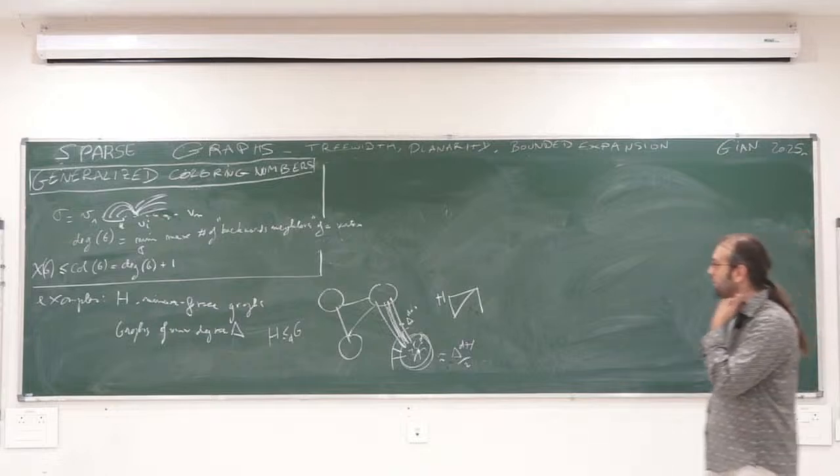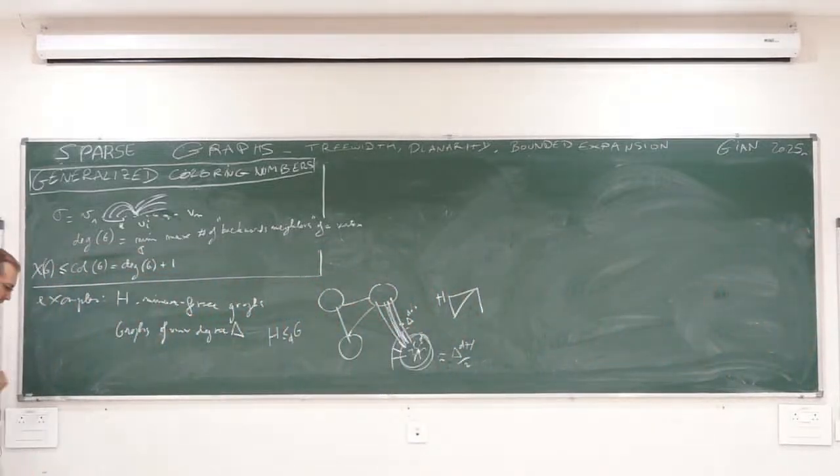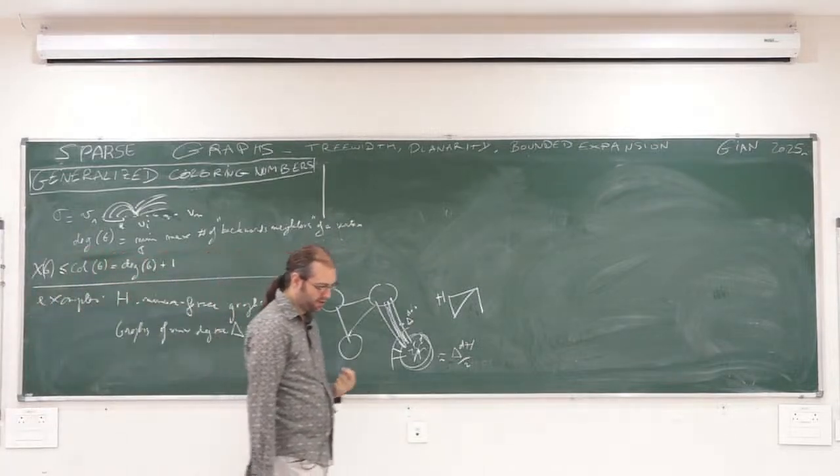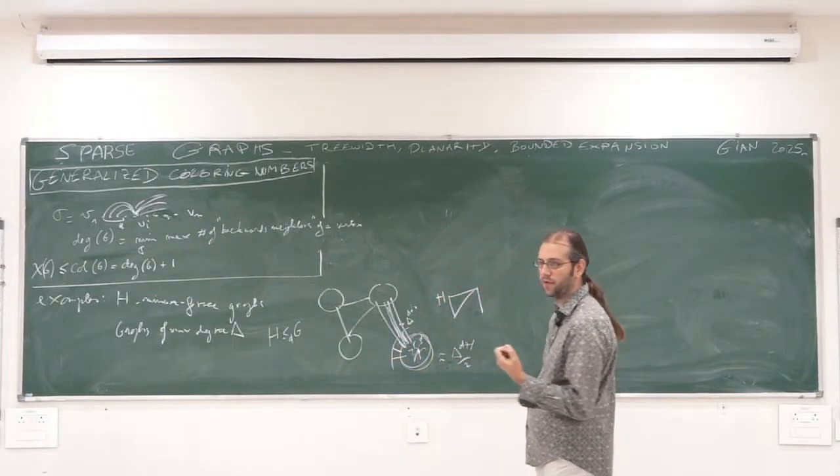By the way, we have also seen in the exercises one exercise which says that if you have a graph class of bounded expansion, these graphs are all degenerate. So the degeneracy is essentially bounded by f of 0.